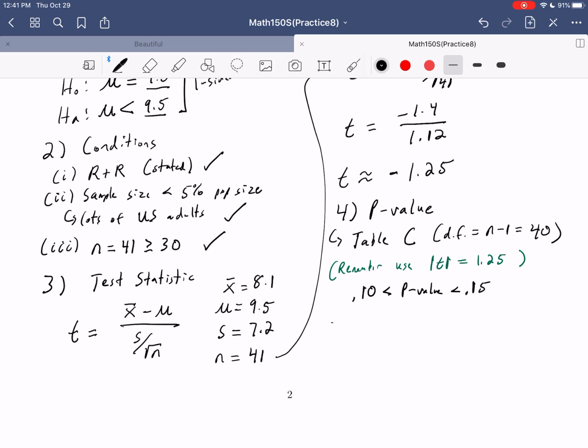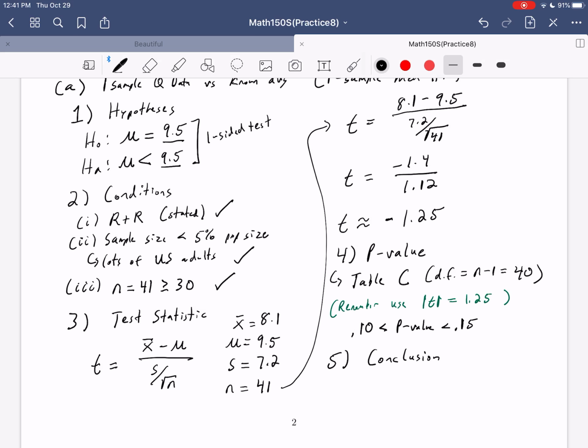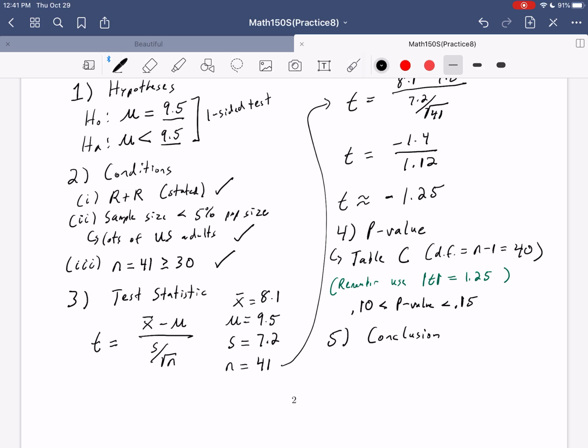Even though this is just a range, we can still use it to finish this up and draw our conclusion. How do we actually make our conclusion? How do we decide if we're going to reject the null or fail to reject the null? Well, we take this p-value and we compare it against that alpha that was stated in the question. So we compare our p-value against our alpha, that is 0.05.